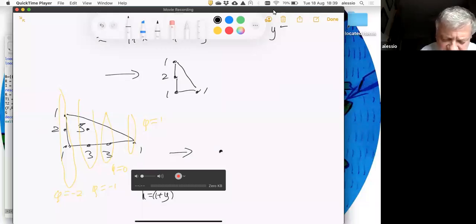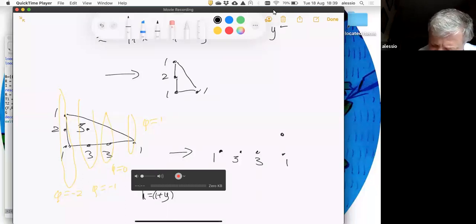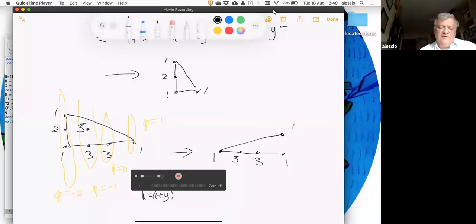The next vertical bit is divided by 1 plus y, so you're just left with 3x there. Nothing happens here. And then the last vertical line is going to be multiplied by 1 plus y. So this is what you get. That's the mutation.